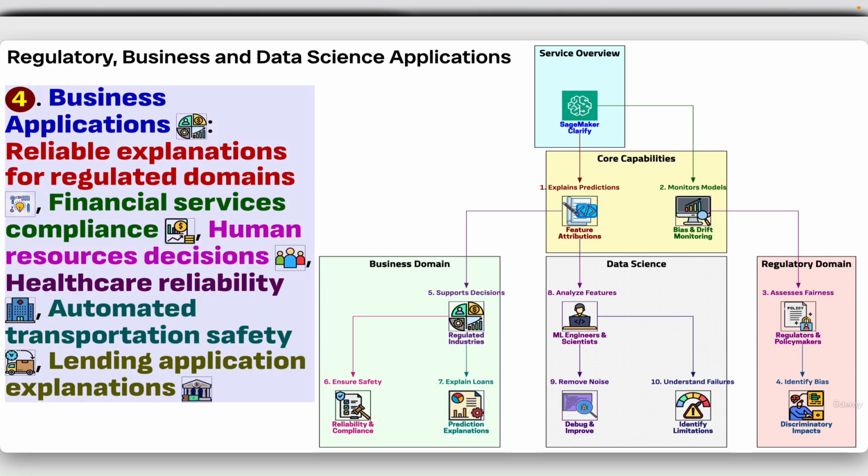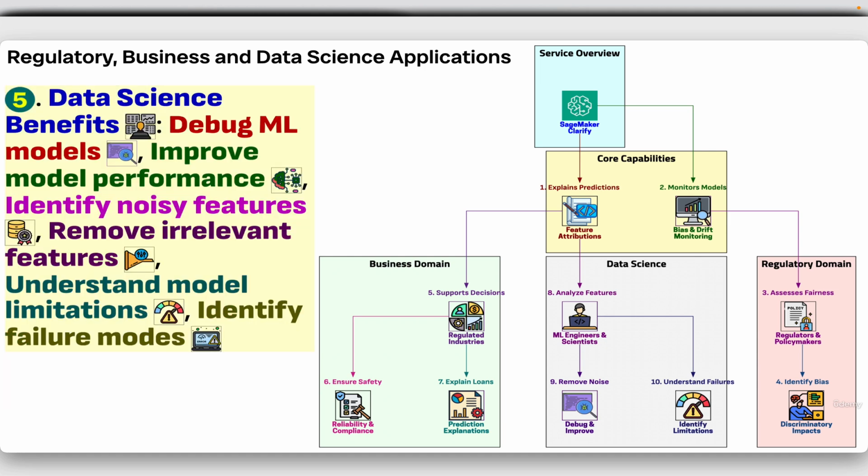For business applications, it provides reliable explanations for regulated domains like financial services, human resources, healthcare, and automated transportation, such as explaining lending application predictions to customers and officers. Data scientists can use the service to debug and improve ML models by identifying noisy or irrelevant features, while also understanding model limitations and potential failure modes.